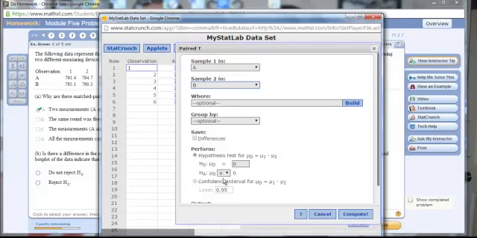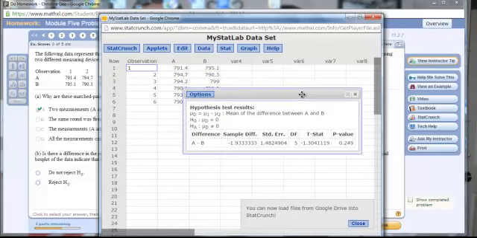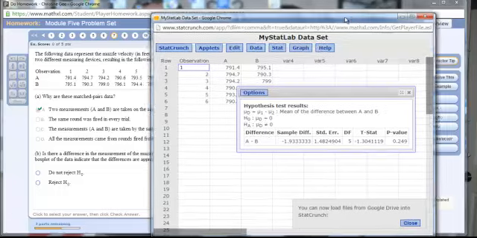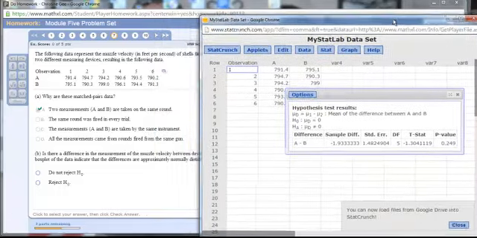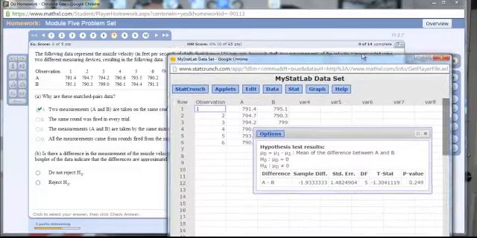And the alternative is that when we subtract them, they don't equal 0. So they are different. Let's go ahead and compute that. Here we have 0.249 as our p-value, and it had said 0.01 is the level of significance.